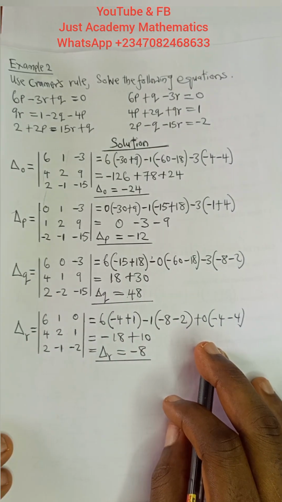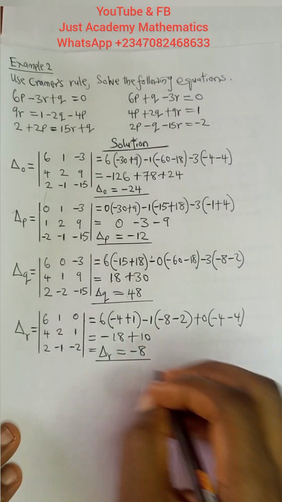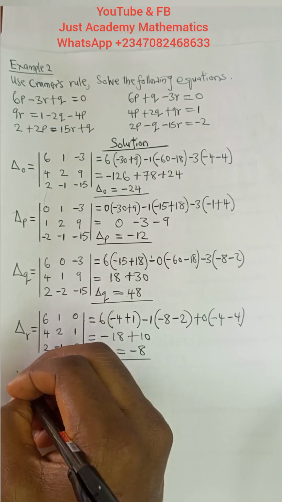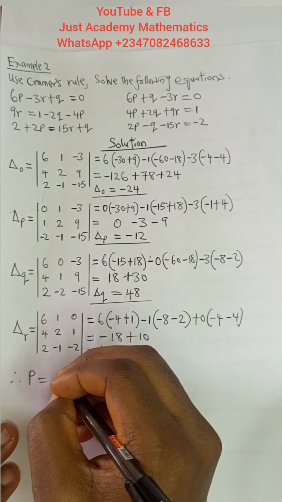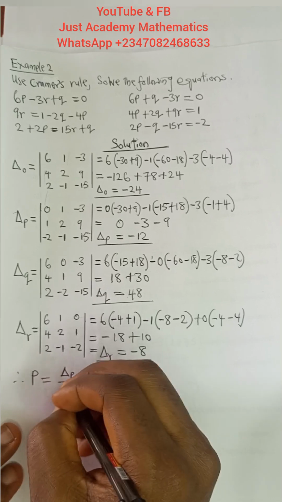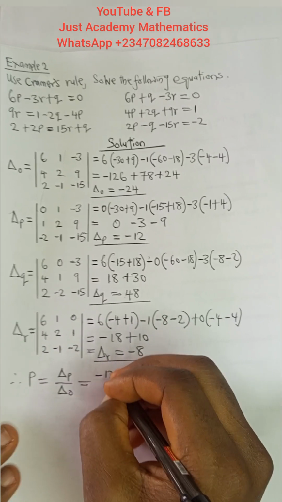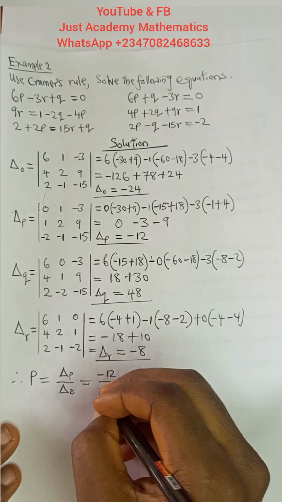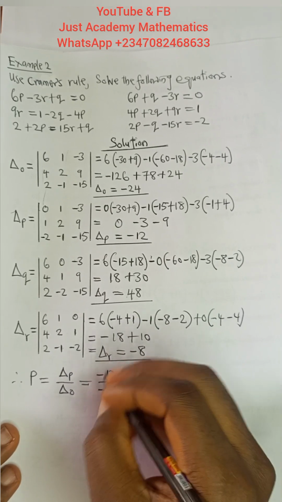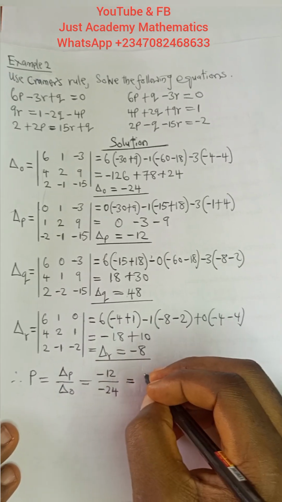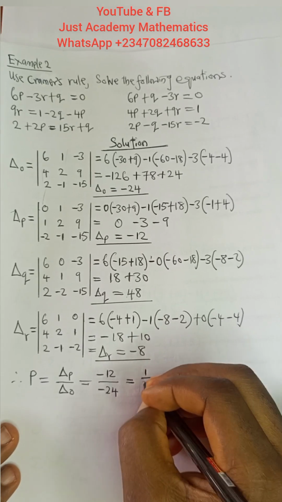So with this, we can go ahead and state the values of P, Q, and R. So we conclude that P is equal to change in P over change in 0. And what is change in P? Change in P is minus 12 over change in 0, minus 24. Minus will cancel minus. 12 into 12, 1. 12 into 24, 2.